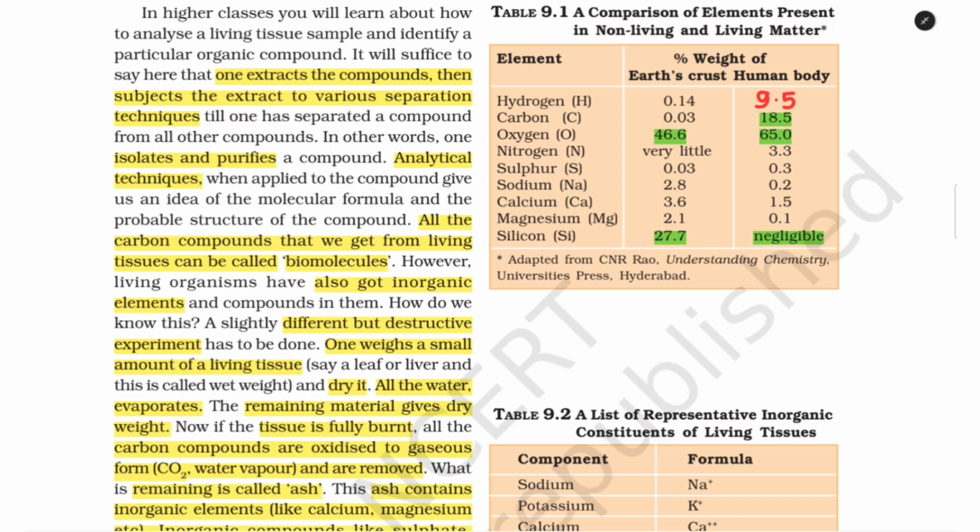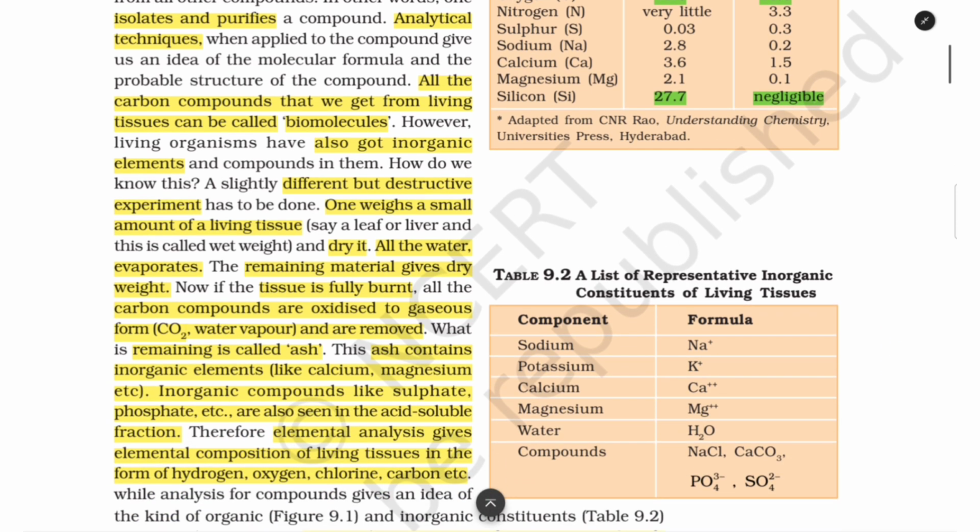Now, if the tissue is fully burnt, all the carbon compounds are oxidized to gaseous form, that is CO2, water vapor, and are removed. What is remaining is called ash. This ash contains inorganic elements like calcium, magnesium, etc. Inorganic compounds like sulfate, phosphate, etc. are also seen in the acid soluble fraction.